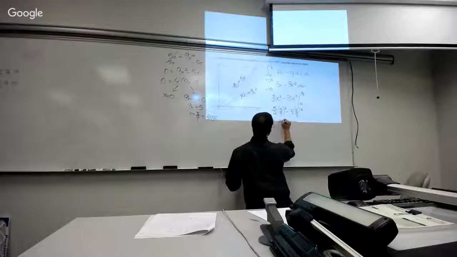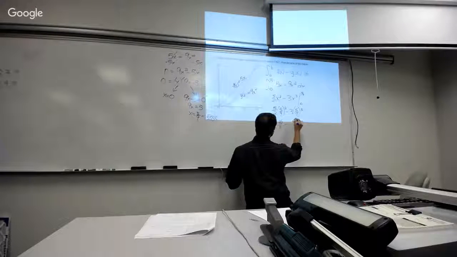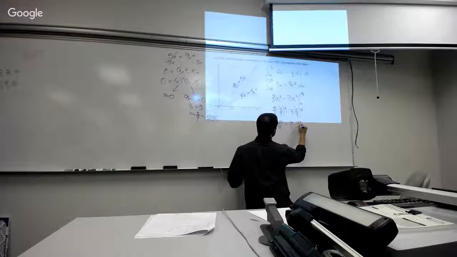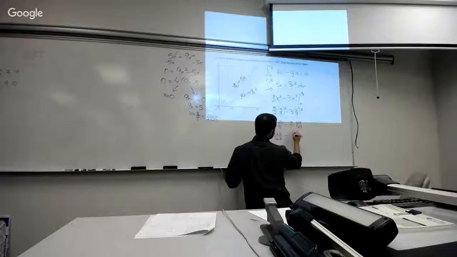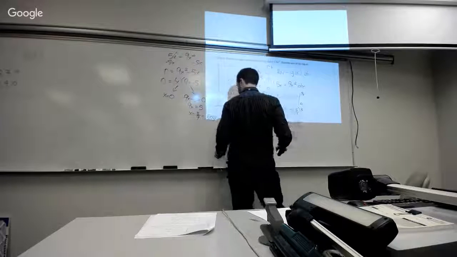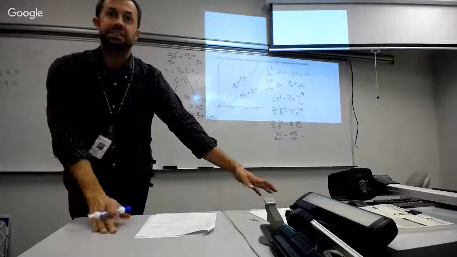5/2 times 25/81 minus 3 times 125/729, which is 125/162 minus 375/729. Oh, I don't even want to keep going. I'll just use a calculator.